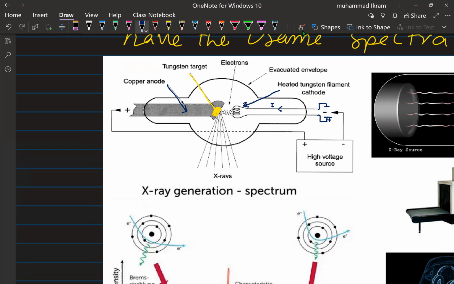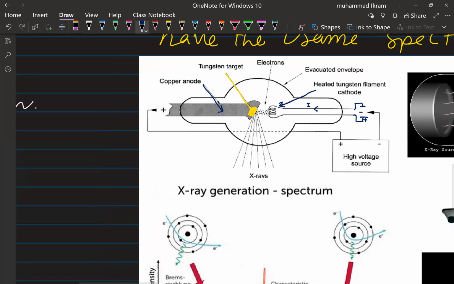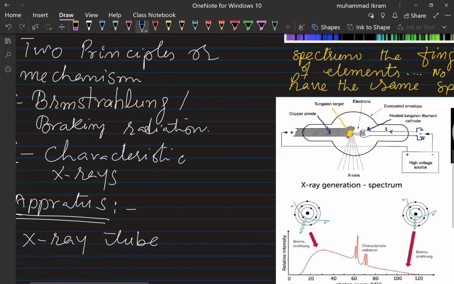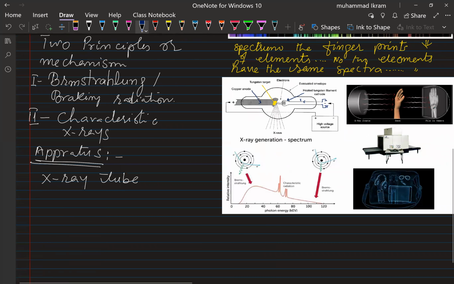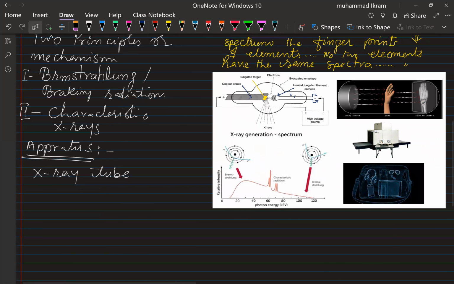And then the entire assembly is enclosed in an evacuated glass tube. This X-ray tube is filled with vacuum, meaning all the air is removed from it.